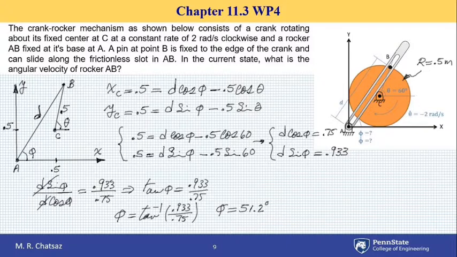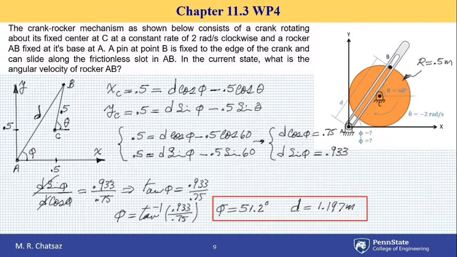degrees. Then if I plug this into either equation, I can solve for d. Then if I find the numerical value of d, it'll turn out to be 1.197 meters. So these are the numerical values of these two equations.